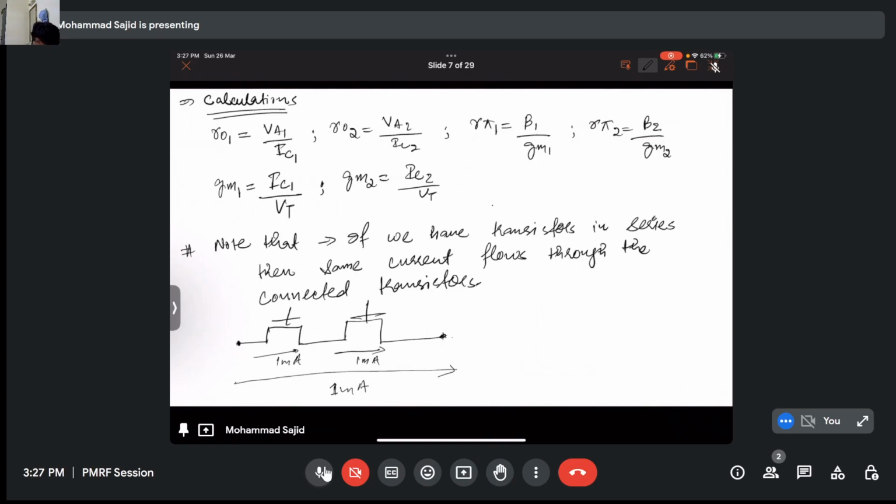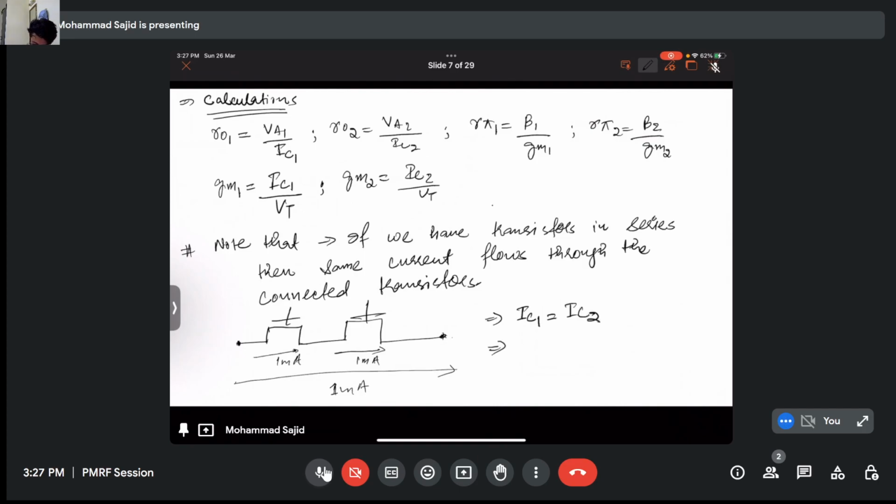If you have another terminal connected, then it's okay. But if you have a single line, single transistor, with no sources, then you have the same currents. So here also we have transistors in series, so IC1 will be equivalent to IC2.